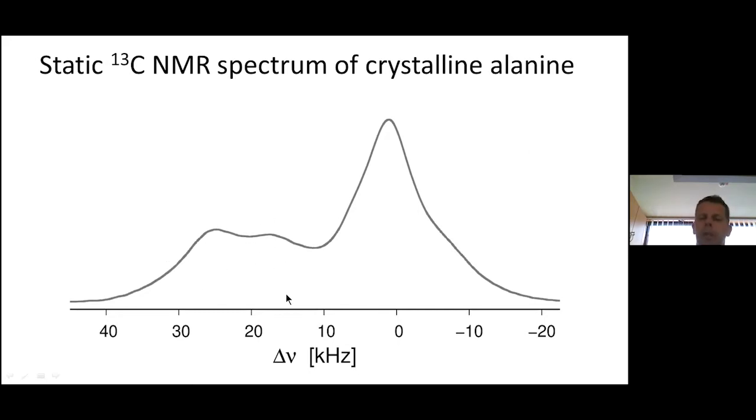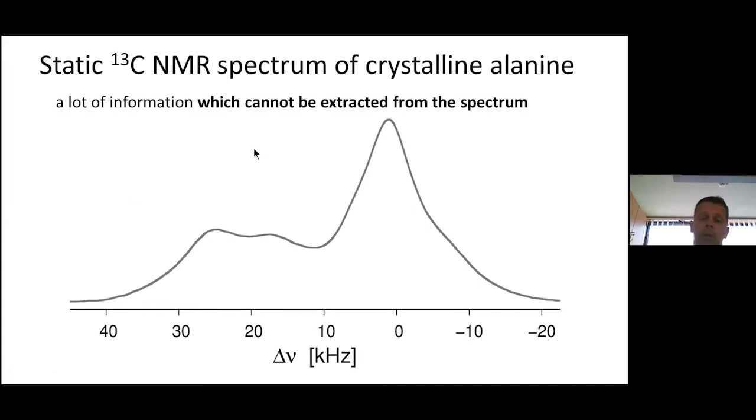So broadening because of dipolar coupling with neighboring nuclei, and broadening because of chemical shielding anisotropy, and we get this spectrum. So instead of resolving contributions of three different carbon atoms, we get broad unresolved signals, and this, although in principle it contains a lot of information, we cannot extract information out of such a spectrum, right?